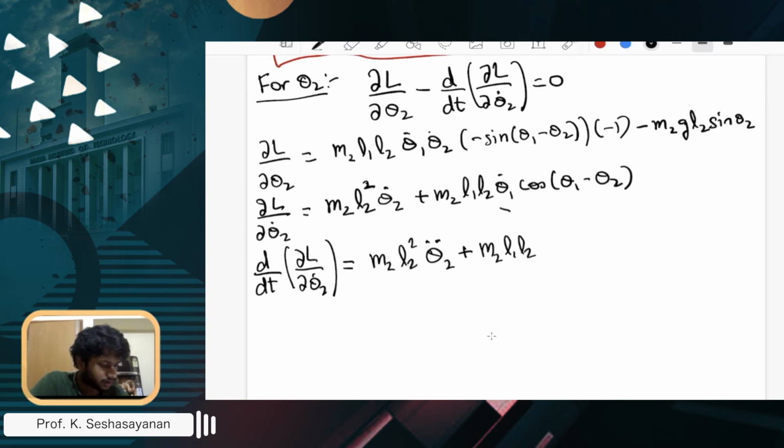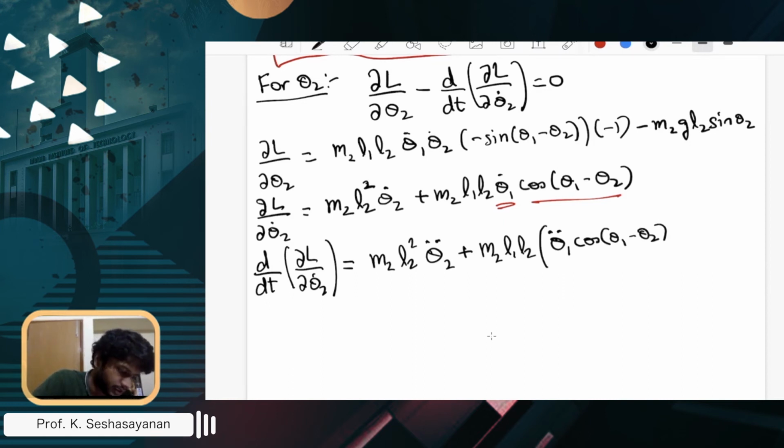When you take the total time derivative of this term, one has to make sure that you take the time derivative with respect to theta 1 dot and the cos term. So that gives us theta 1 double dot cos of (theta 1 minus theta 2), and the other term is minus theta 1 dot sine of (theta 1 minus theta 2) times (theta 1 dot minus theta 2 dot).